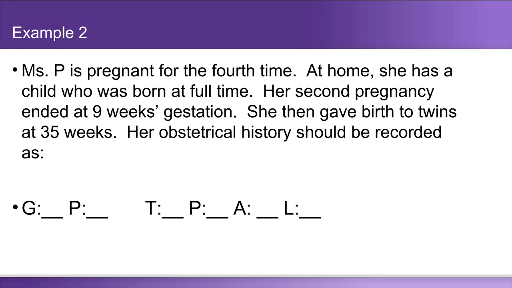She's had 2 pregnancies, her term and her preterm pregnancy that went past 20 weeks. So we can say she's a P2. And then when we do her TPAL, we've had 1 term, 1 preterm, 1 abortion, and currently we have 3 living children because we had 2 preterm babies that are alive and 1 term baby that's alive. So I hope that makes sense.